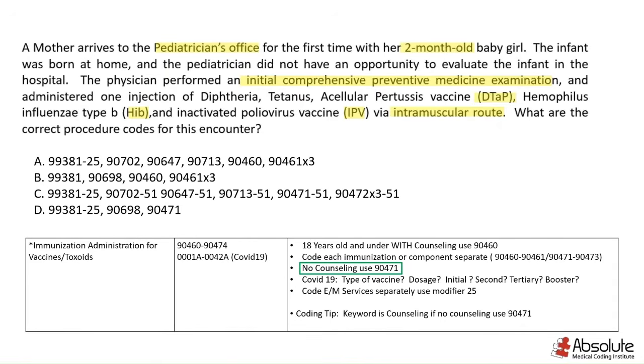You have to use the CPT code in the family 90471, which means straight away I can eliminate all those options which have the CPT administration code of 90460. So option A is having 90460. That's wrong. Option B is also having 90460, which is also wrong. And we have eliminated 2 of the options straight away.